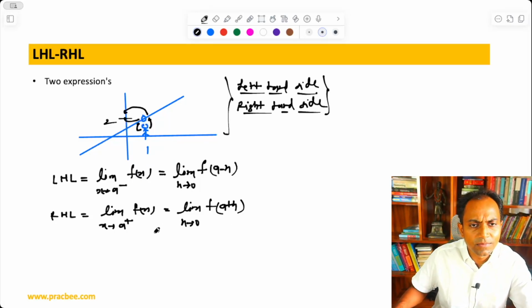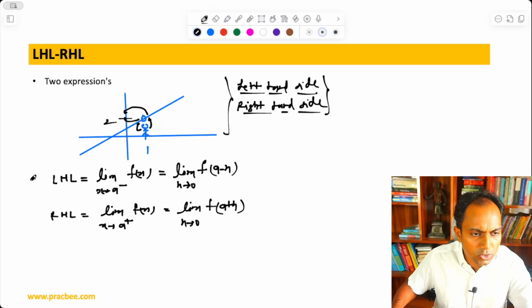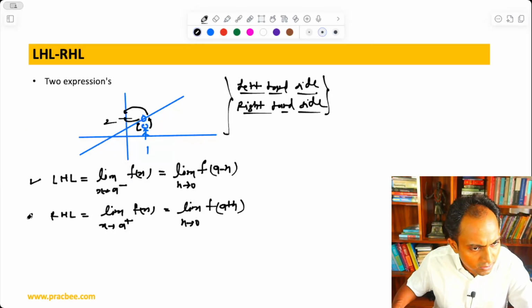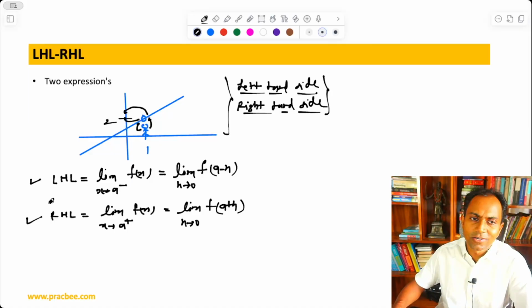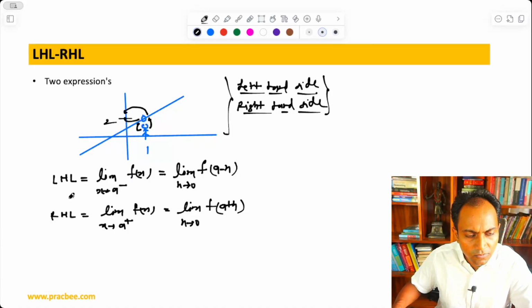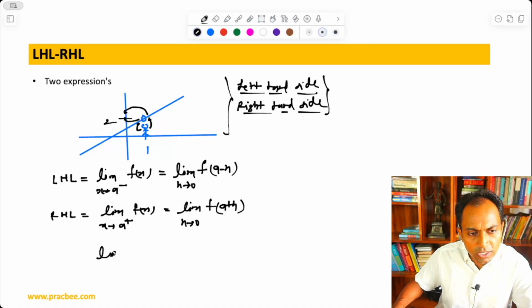Now see, somebody is asking you what is the approximate value. So either they can ask what is the approximate value on the left hand side, that is totally fine. They can ask you what happens on the right hand side, that is also totally fine. But if they want to ask you a general statement, what would be the limiting value of the function when we are approaching it, this would mean both of these values should coincide. So what would this mean?